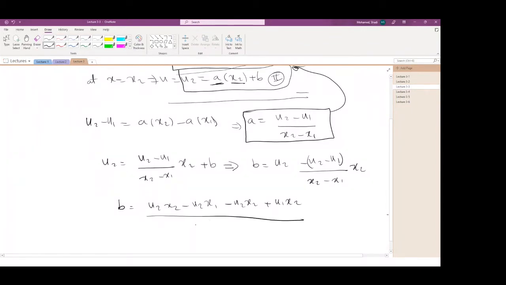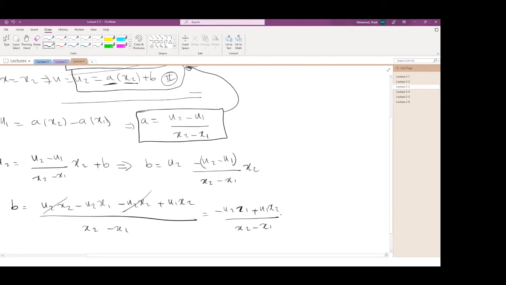And then I will have the whole thing divided by x2 minus x1. U2 x2 and U2 x2 will cancel together. I'll be left with minus U2 x1 and then plus U1 x2, and divide the whole thing by x2 minus x1. And this is the value of B.